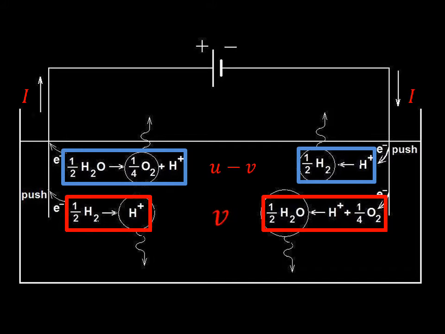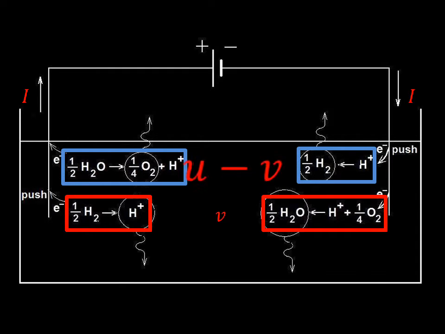When recombination commences, it begins to, quote-unquote, steal elemental reacts from the electrolysis by the amount of V, which is the number of elemental reacts of recombination, that is, the elemental reacts of the reverse process per unit time.